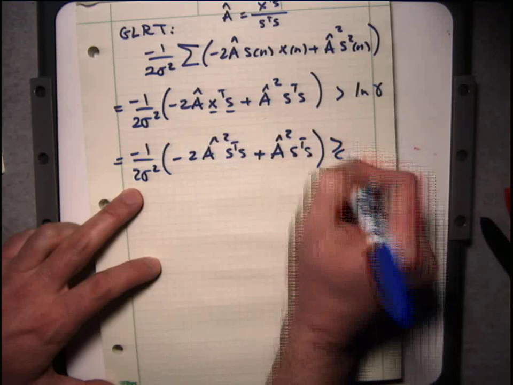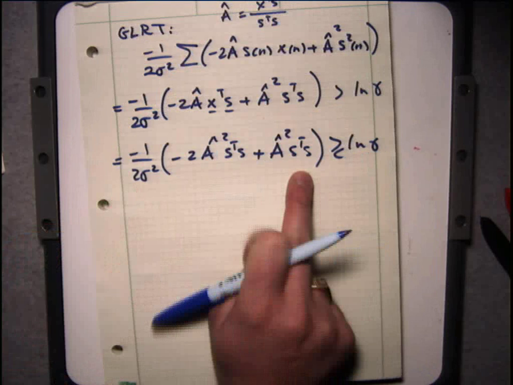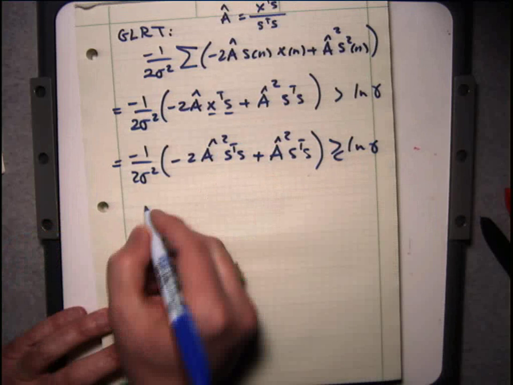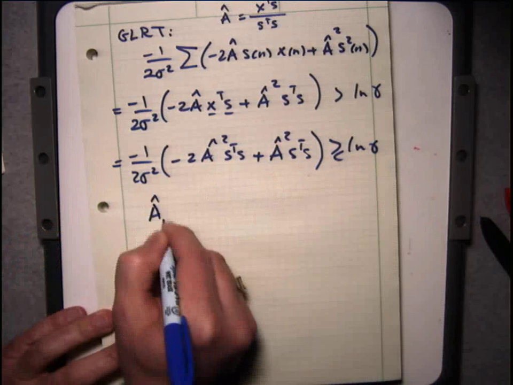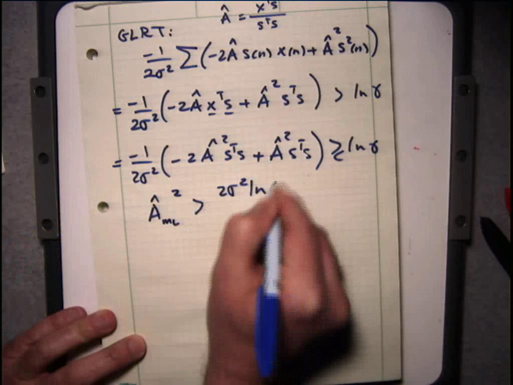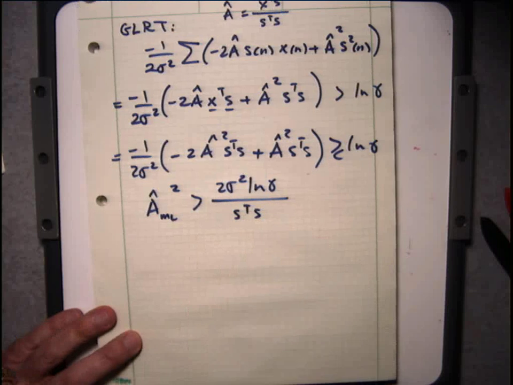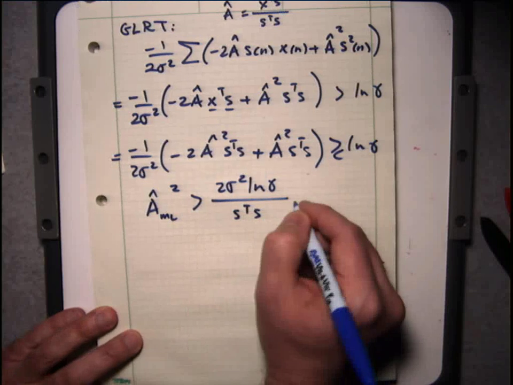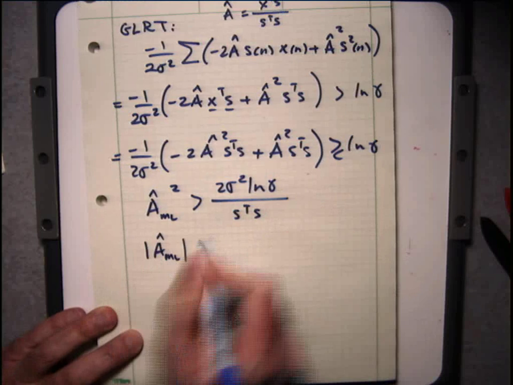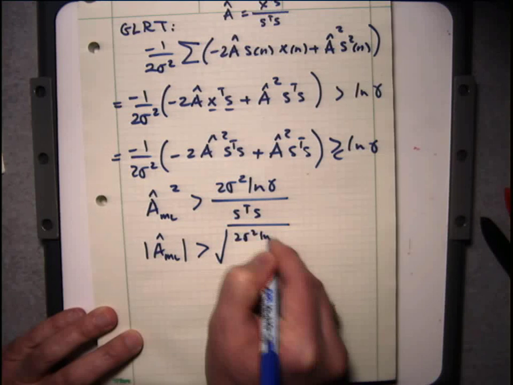Okay? So I'm just replacing some of these things so that I get everything in terms of A hat. Okay? And then you simplify this, you get A hat maximum likelihood squared compared to 2 sigma squared log of gamma divided by s transpose s. Okay. Or another way to write this would be absolute value of A hat maximum likelihood compared to the square root of this quantity.